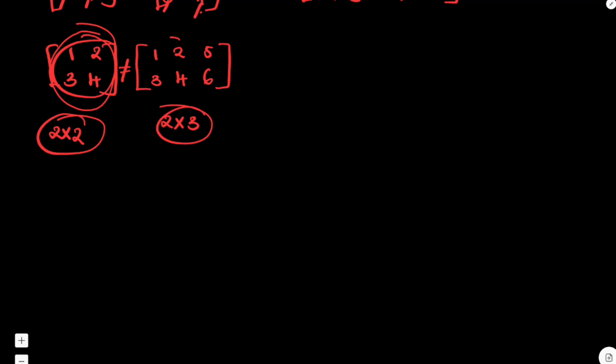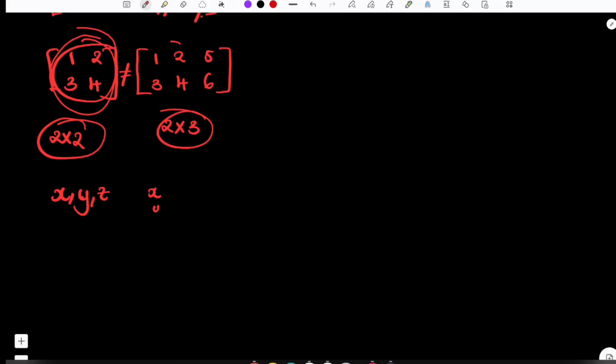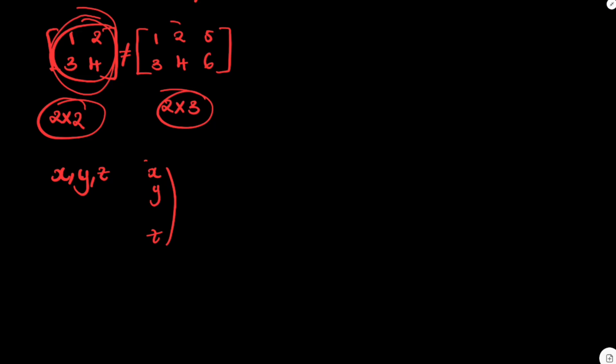Equality of matrices is used to solve some matrix problems. For example, we can be asked to state the values of x, y, and z if this is equal to this. In this case, by equality of matrices, the corresponding elements are equal.